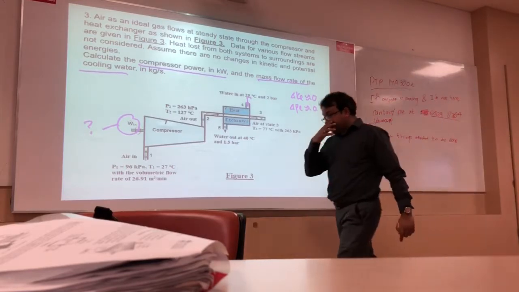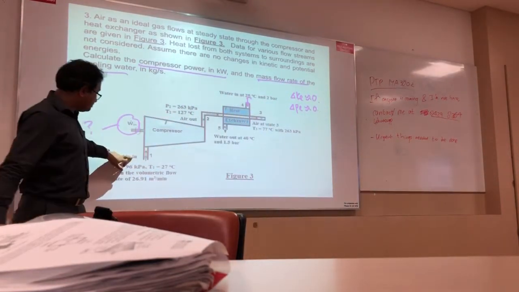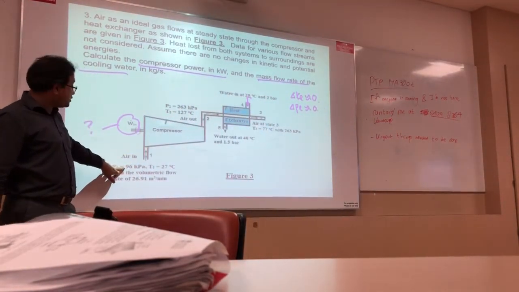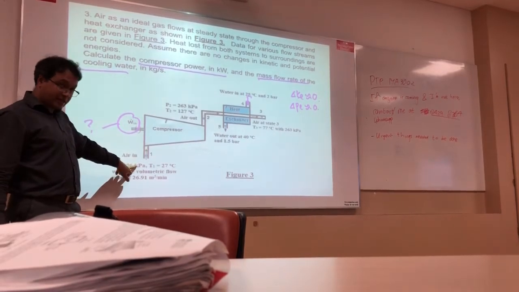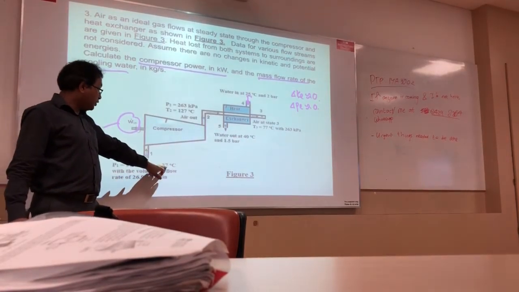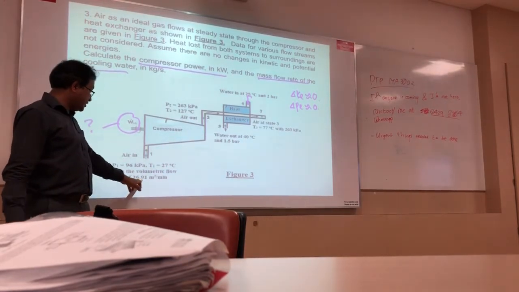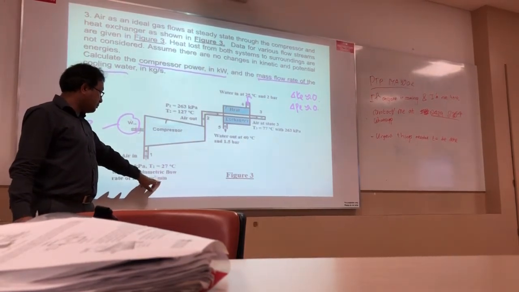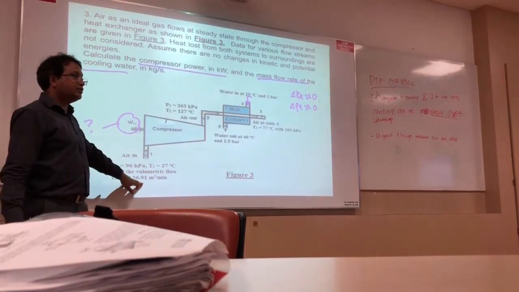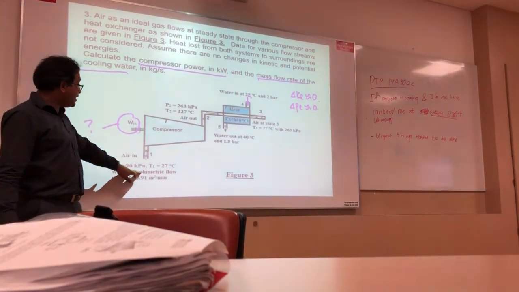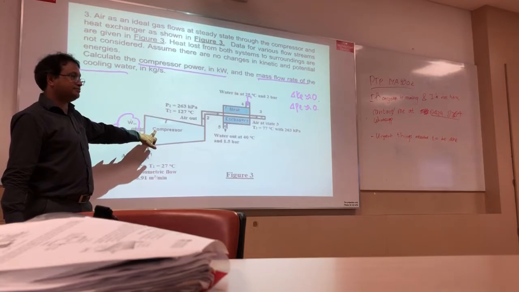In that question, take a look. Air with the pressure of 96 kilopascal at 27 degrees Celsius with a volumetric flow rate of 26.91 meter cube per minute. So this amount of fluid enters the compressor.